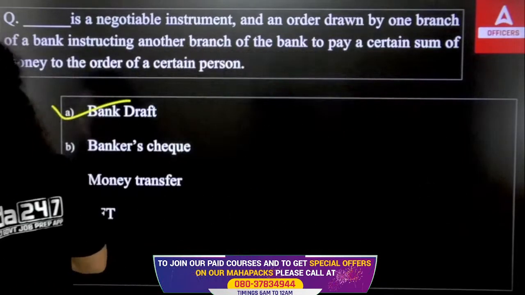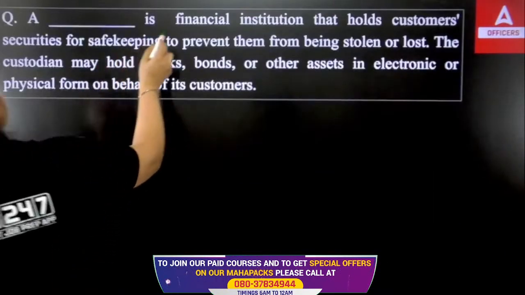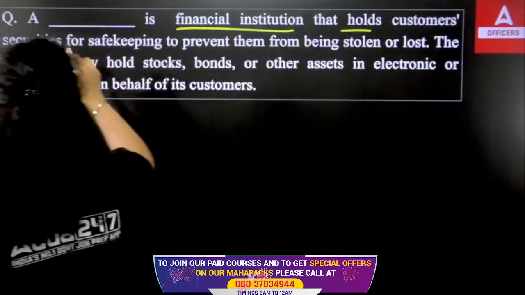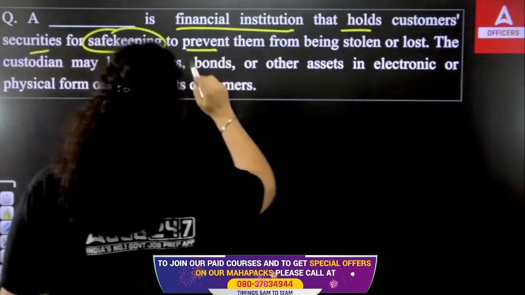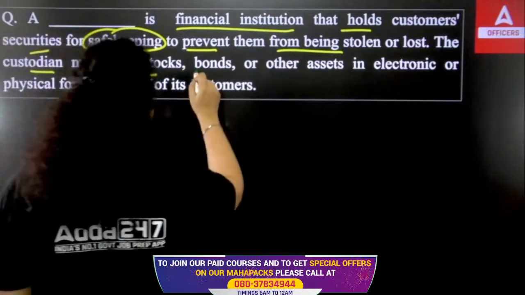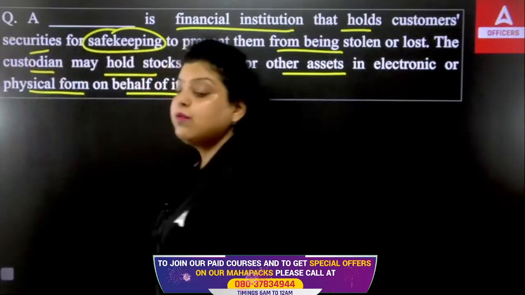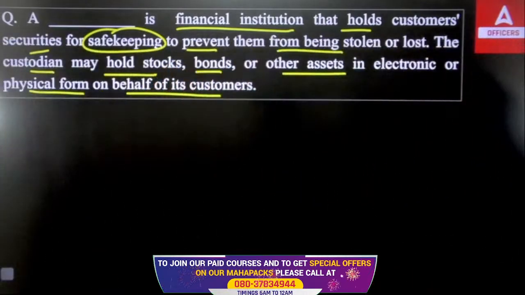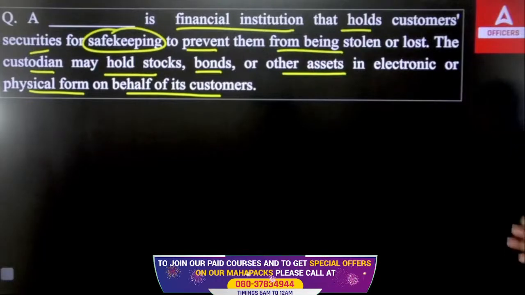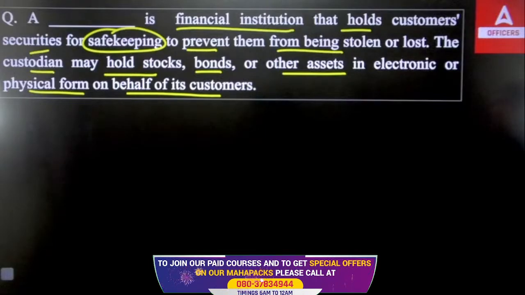Bank draft. Now next we have: a dash is a financial institution that holds customer securities for safekeeping to prevent them from being stolen or lost. The custodian may hold stocks, bonds, or other assets in electronic or physical form on behalf of its customer. So what we're talking about here is a particular financial institution that holds customer securities for safekeeping to prevent them from being stolen or lost.